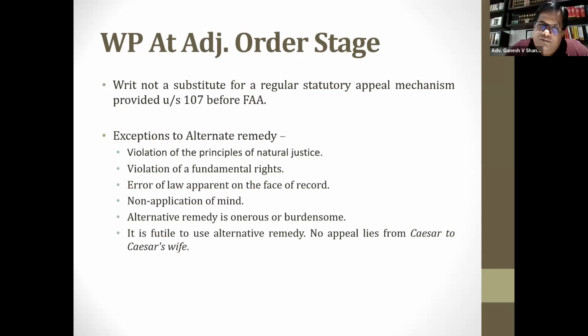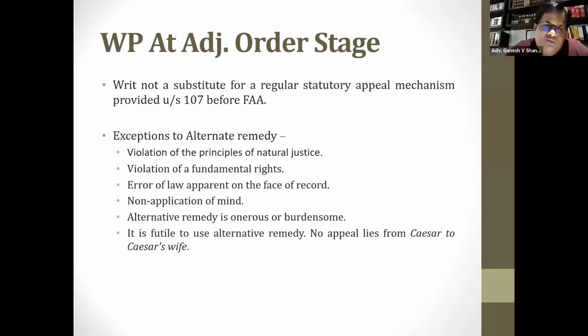If you participated in the SCN adjudication, gave a reply, submissions, documents, proofs, and none of your submissions are considered, and an order is passed ex parte or without regard to your submissions, then at that stage also you can approach the High Court. These are some of the exceptions which are a repetition of the earlier ones.